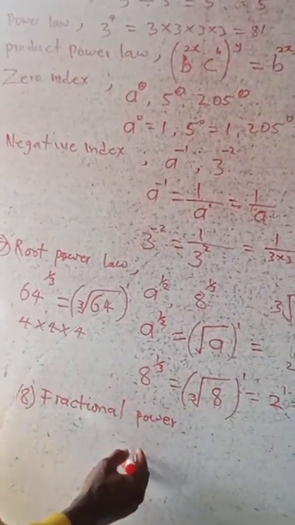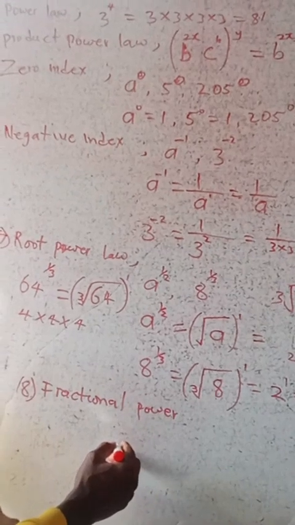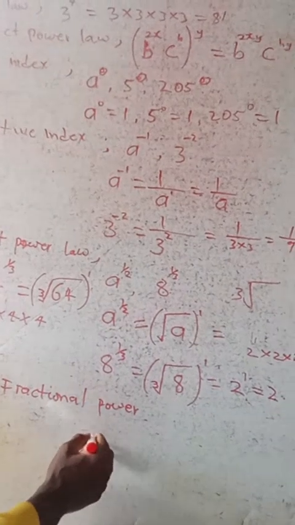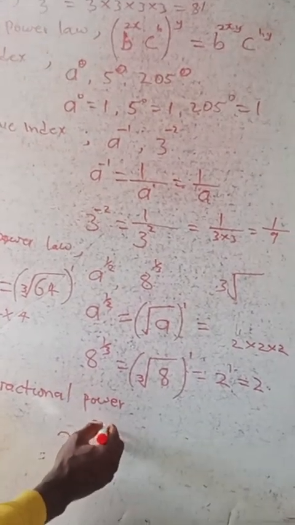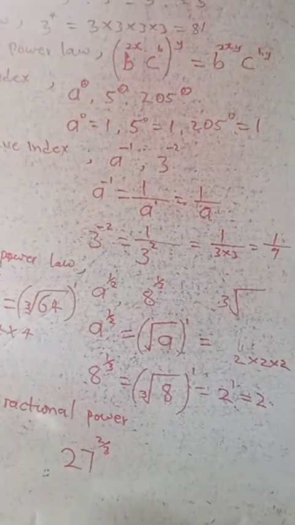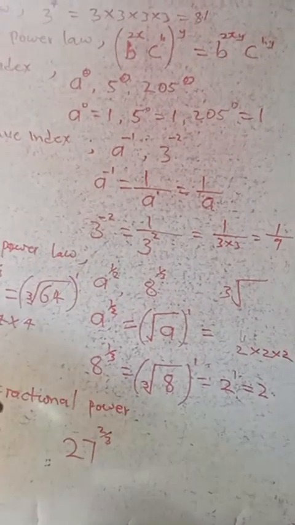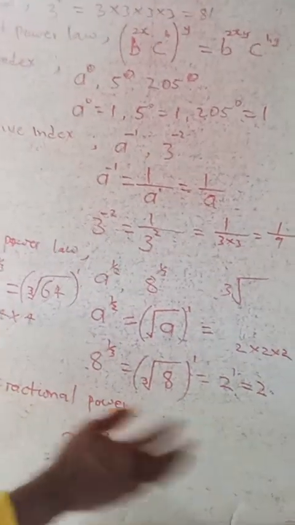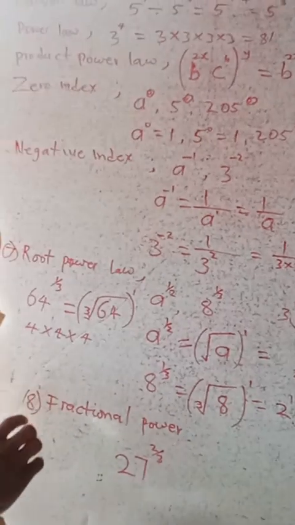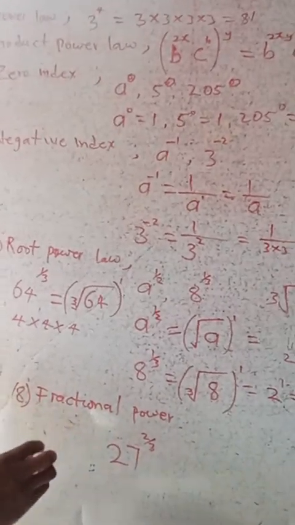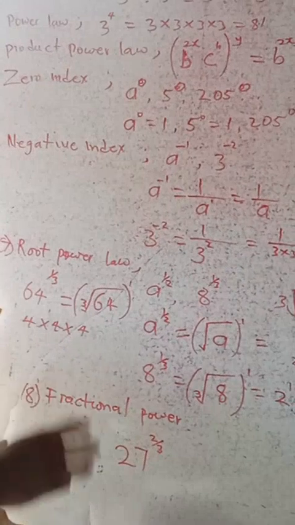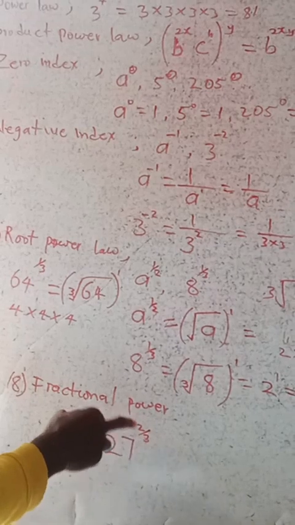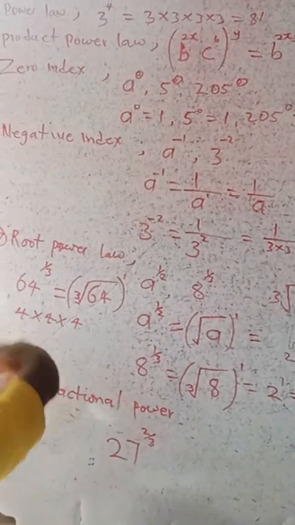If you have something like 27 raised to the power 2 over 3, the previous one we did was talking about the type of roots, but this one is talking about when the power is a fraction. You can have 2 over 3, 5 over 2, and so on.